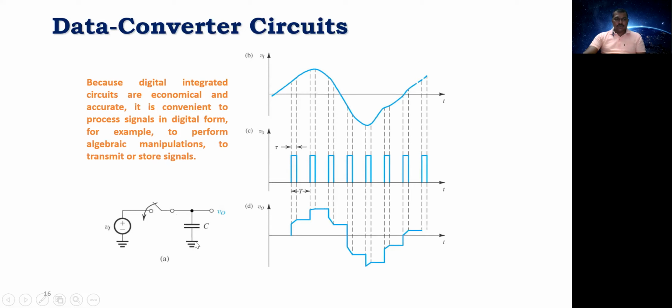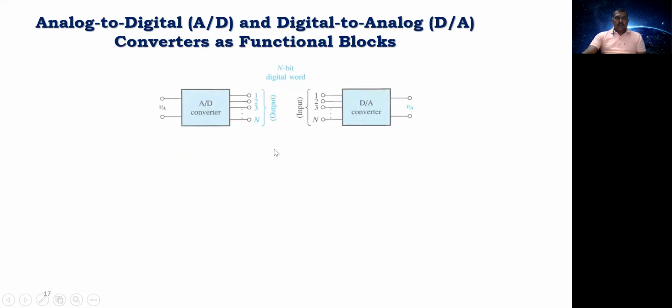I have already told you that this capacitor is going to charge. Now the circuit, yeah, this is again important. This is an analog to digital converter circuit, to which we apply a certain voltage, that is the analog signal, and at the output we will be having a number of bits coming out of it. Right? So whatever the number of bits, here they are showing 1, 2, 3, 4, 5 up to n bits, right?